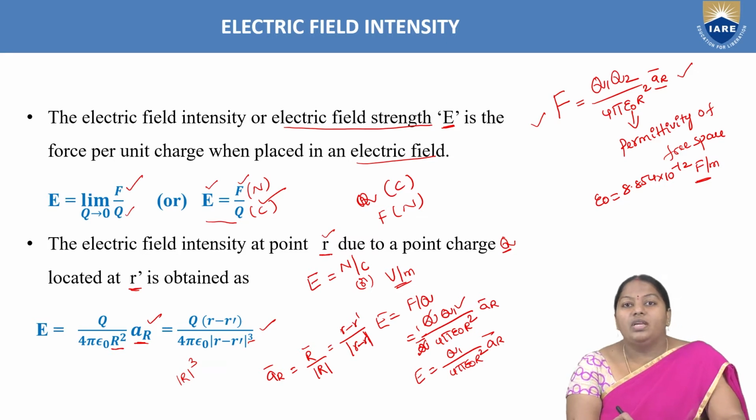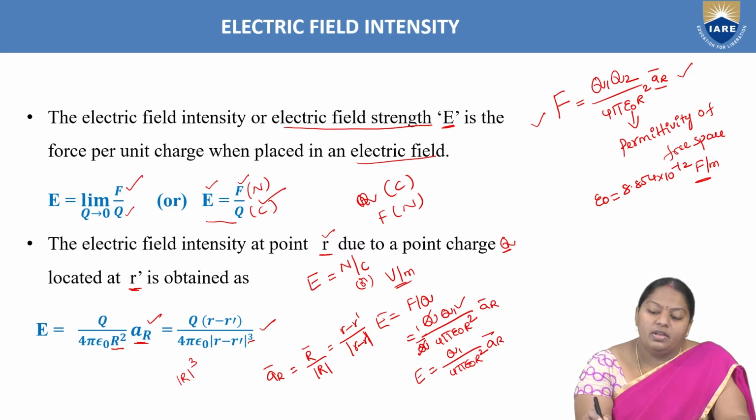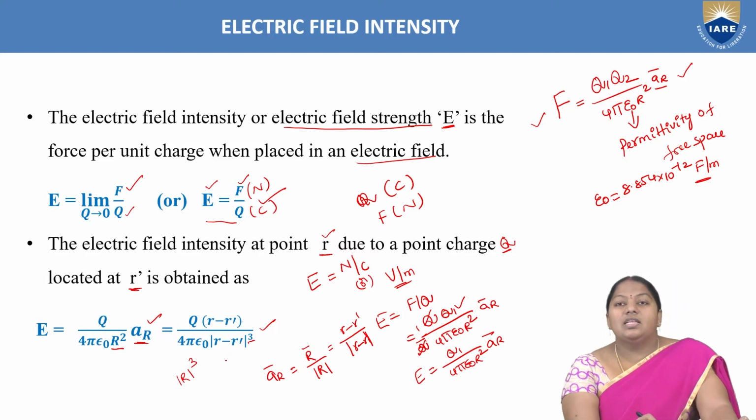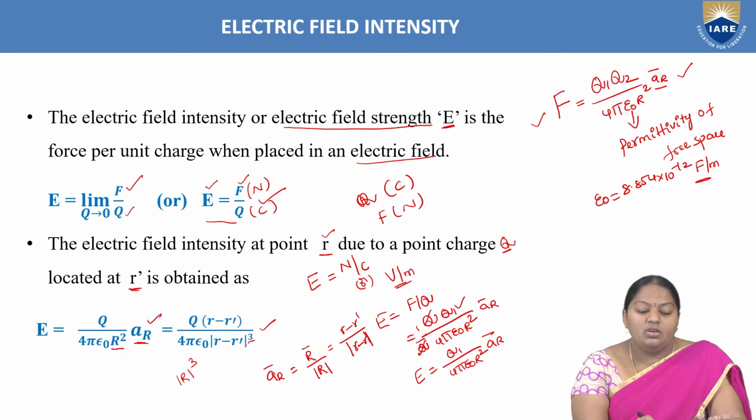If we have only 2 point charges, then Coulomb's law can be defined. From Coulomb's law, if we substitute the Coulomb force equation, the electric field intensity or electric field strength is given by Q by 4 pi epsilon naught R square into aR.